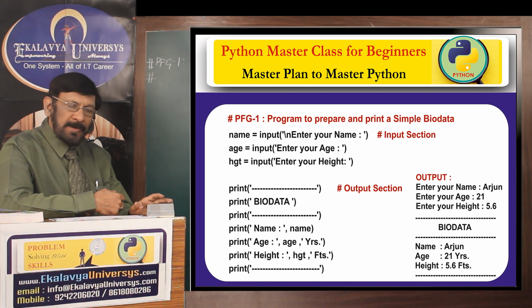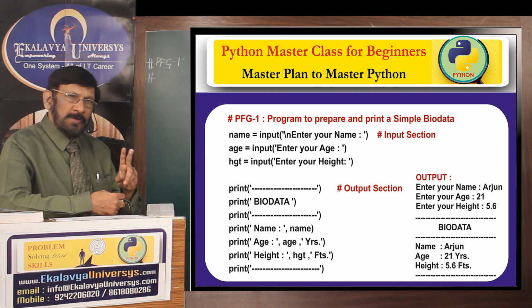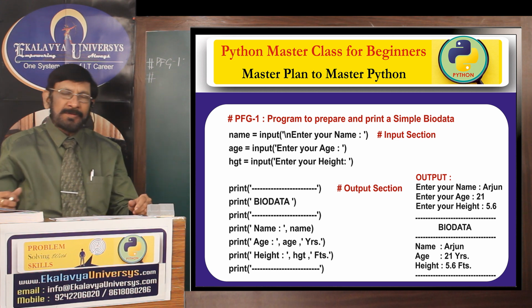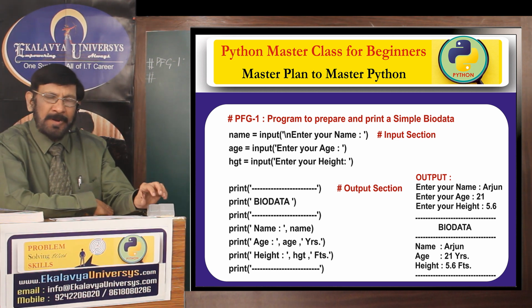It is printed. That is output. So in this program you mainly focus on 3 elements. One is comment, second one is input section, and third one is output section. One secret I have to tell you. Actually in this program 3 elements you are learning.